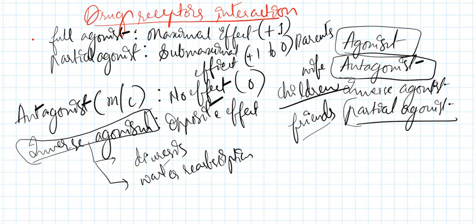Actually diuresis should happen, but water reabsorption has taken place. It has exhibited inverse agonist or opposite action or opposite effect. This can be shown from 0 to -1 because it has shown reverse.